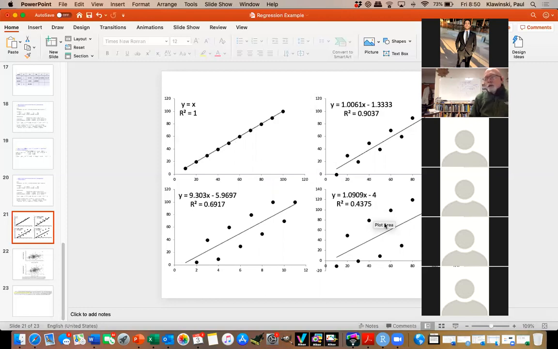And so there is a question of, is the slope significantly different from 0? That's one question you can ask of a regression. But the other question that you can ask about the regression is, does X do a very good job of describing what Y is? And that's what R-square tells you.